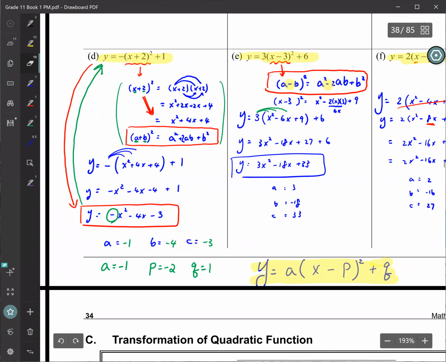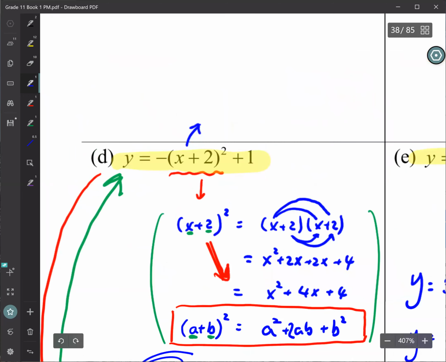So if you see a +2, the p actually has to be -2, because you want to subtract a negative to make it plus, okay? Like this part, I'll write it on the top here. You can rewrite it as x minus -2.